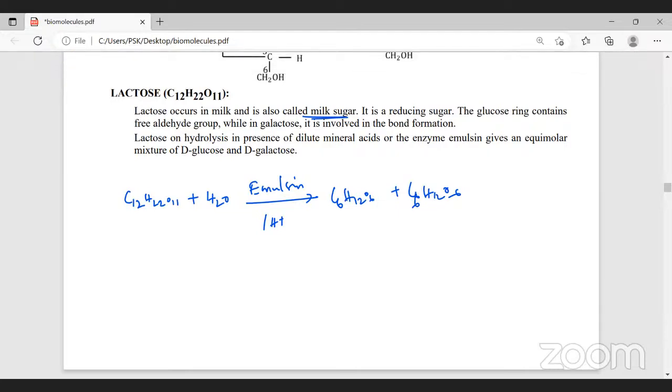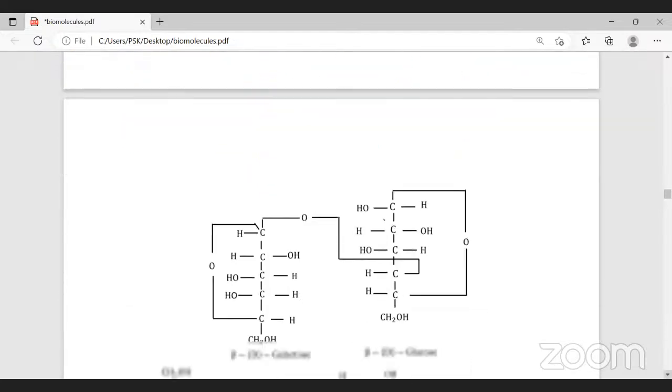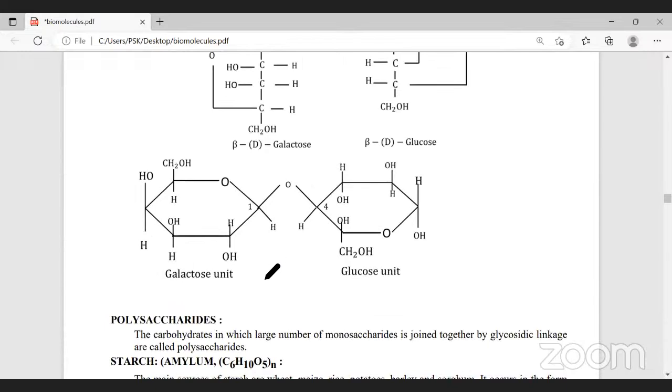So the Haworth structure we have to write for lactose is this. This is galactose and this is glucose. The structure looks similar for galactose and glucose.